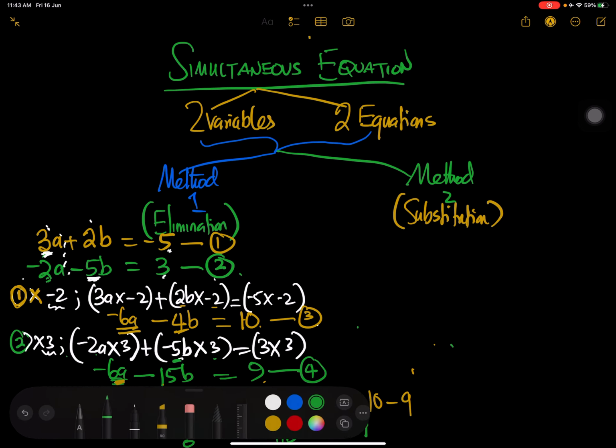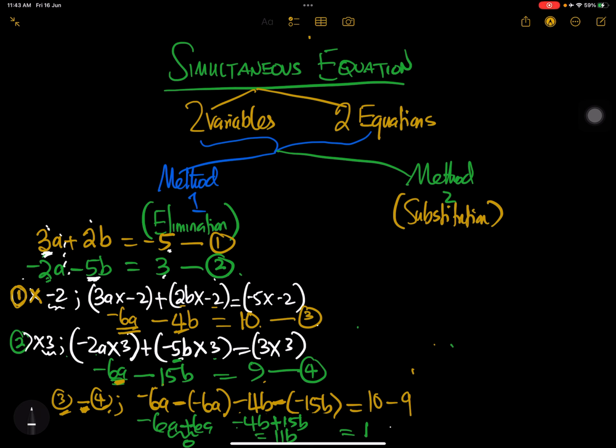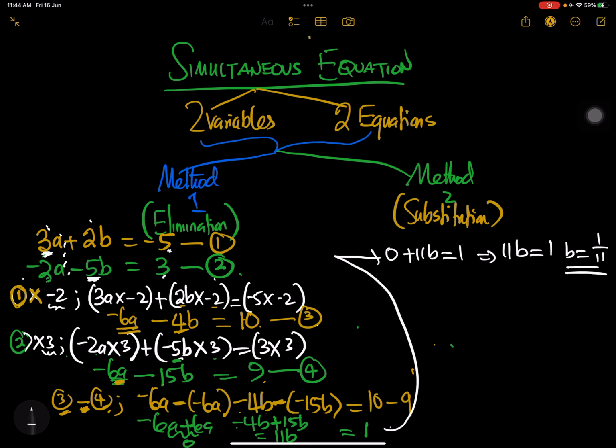So 0 plus 11b is equal to 1, which means that 11b is equal to 1, and then b is equal to 1 divided by 11.